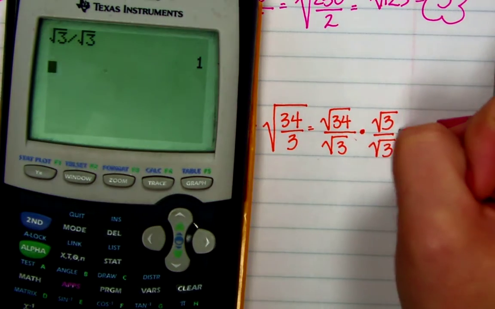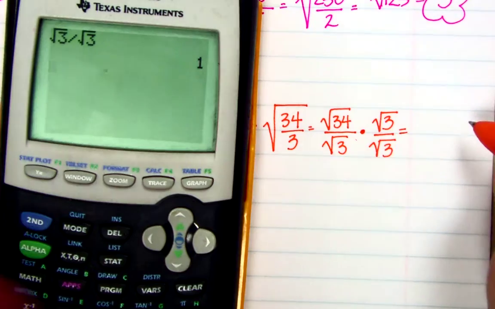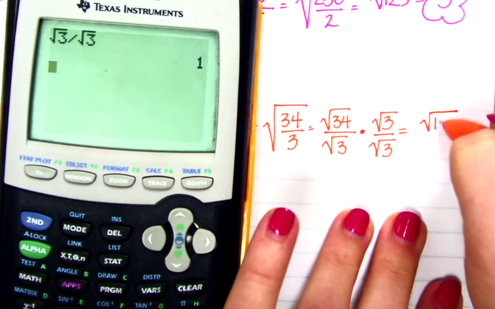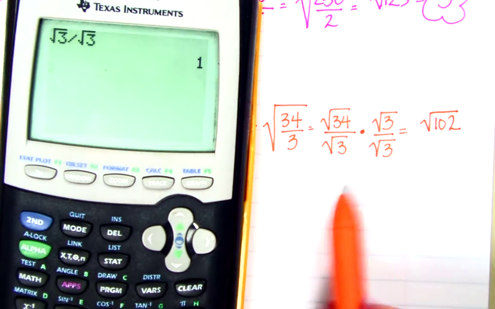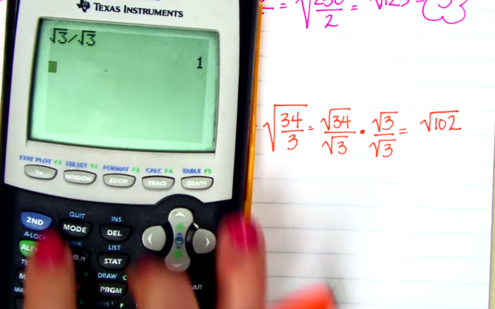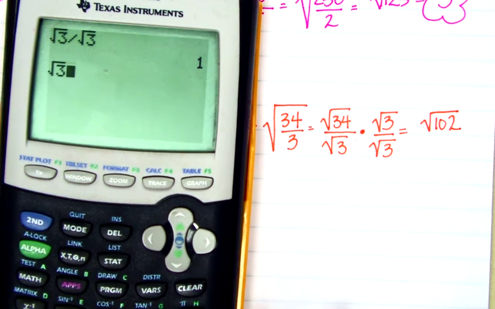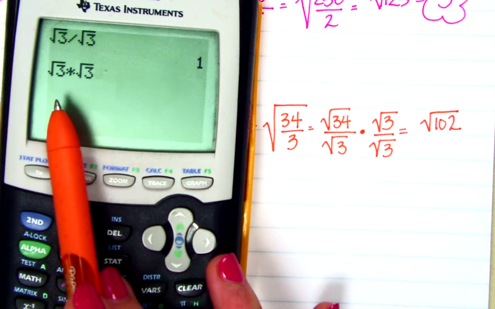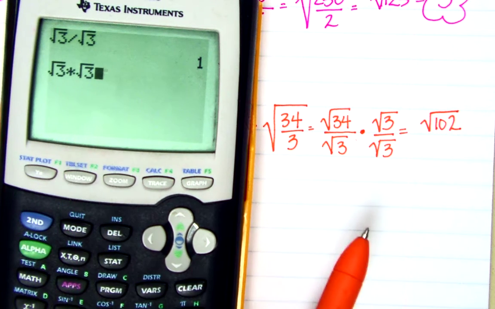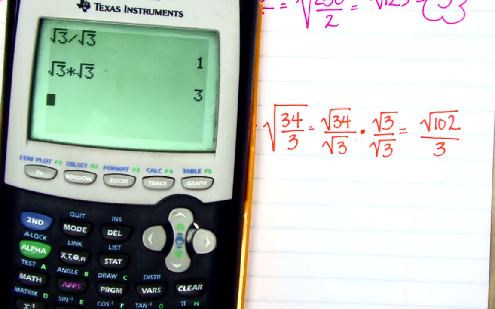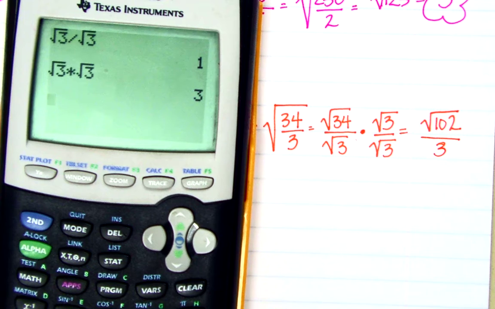So I can do 34 times 3, which gives me 102. And when I multiply a radical times itself, I'm squaring it. The opposite of a square root is a square. It gets rid of the square root, and it puts me with a whole number on the bottom of the fraction, which is appropriate.